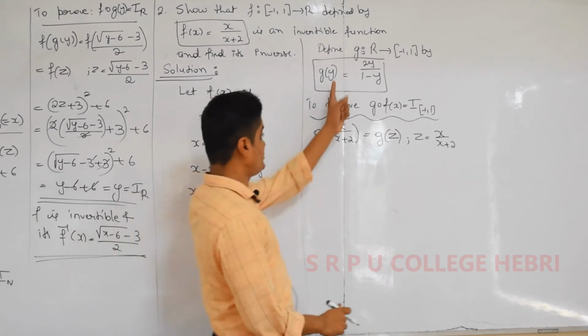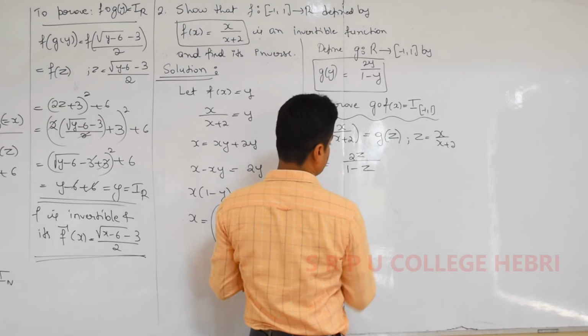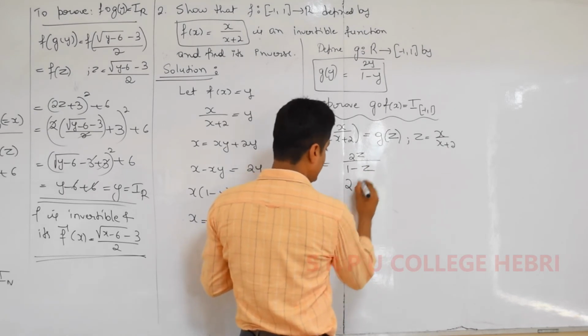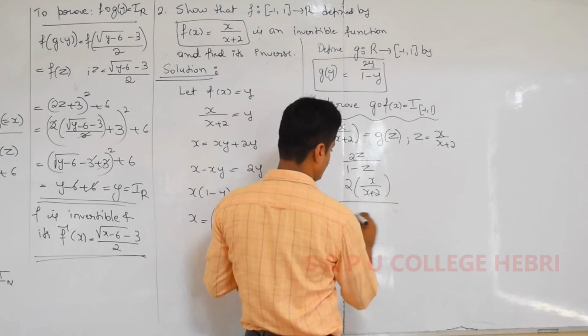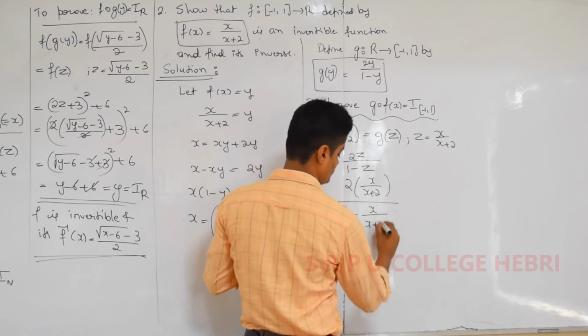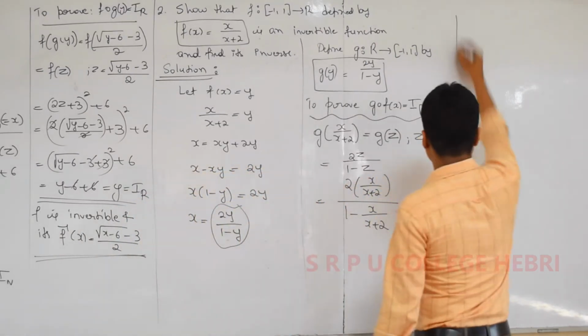Now for this g of y, what is g of z? 2z divided by 1 minus z. Now wherever z is there, replace it by x by x plus 2. Very good. Now take LCM.